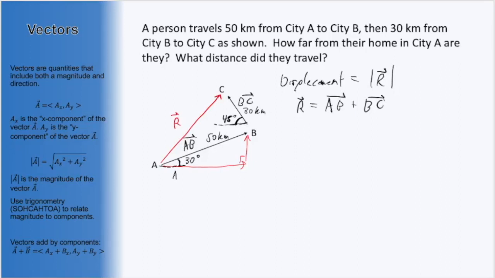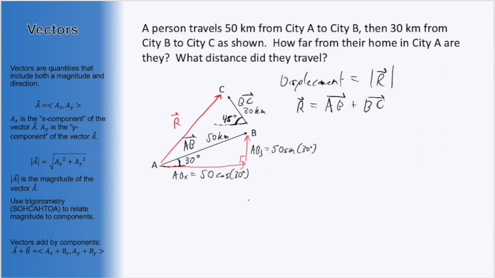The horizontal or x component is the adjacent side, so this will end up giving us the hypotenuse of 50 times cosine of the angle 30 degrees. Meanwhile, for the vertical side, or the y component, ABY, this is the opposite side, which means the calculation we will do is 50 times sine of that 30-degree angle.